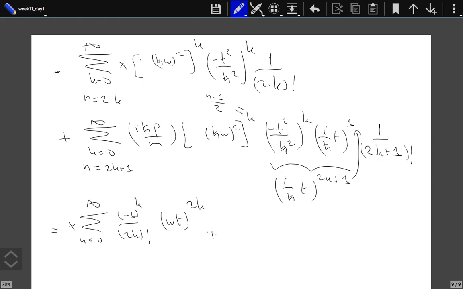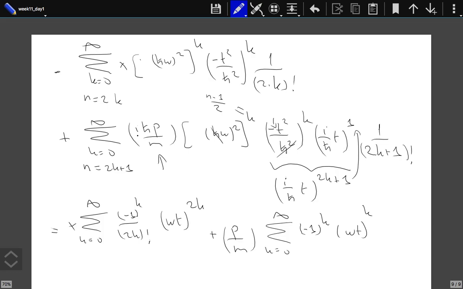Plus, let's say the last term contains a factor of p over m. That's common to all the terms, this p over m. Sum over k from 0 to infinity. I have (-1)^k. It is this one over here. Well, this ħ to the power 2k cancels this one. I am left with (ωt) to the power 2k. And what else remains?